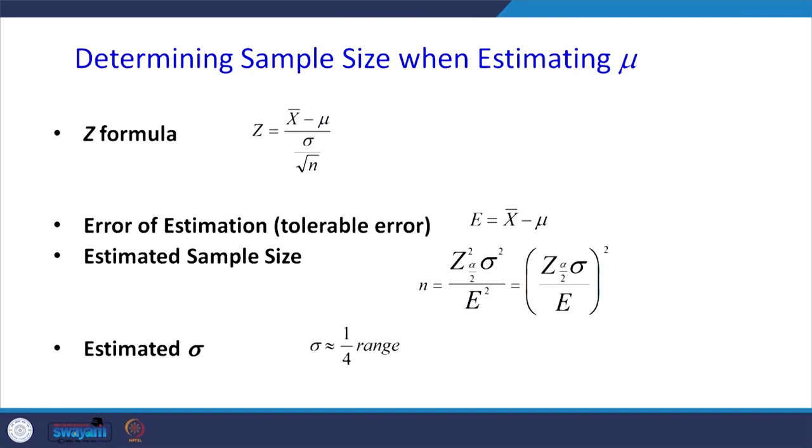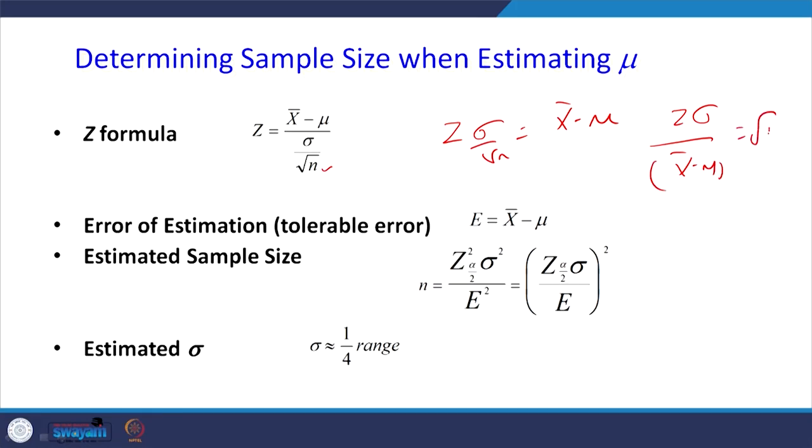We know that the Z formula is x bar minus mu divided by sigma by root n. In this sigma by root n, from this relationship, this n is nothing but your sample size. When you readjust these equations, z equals x bar minus mu over sigma by root n, then root n you can say is z sigma divided by x bar minus mu.